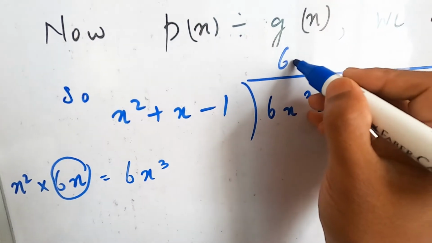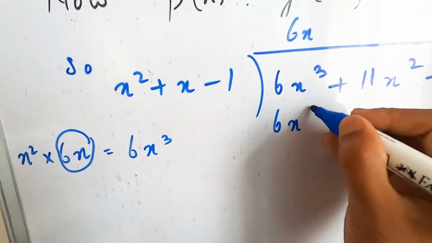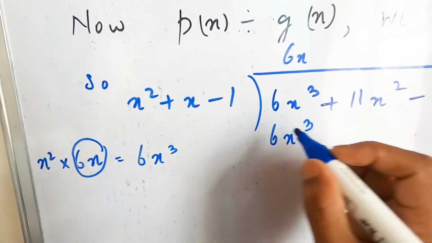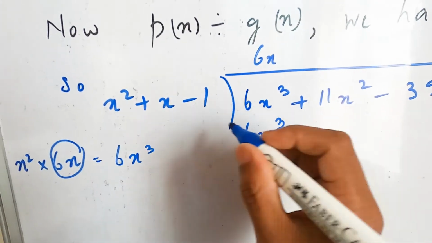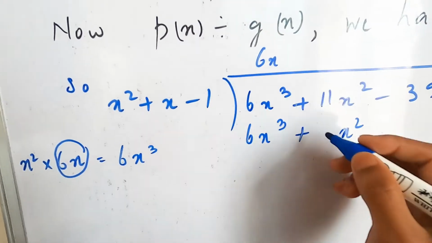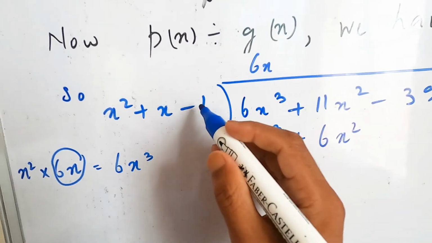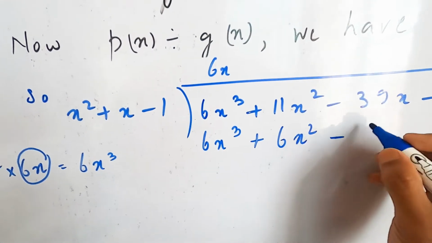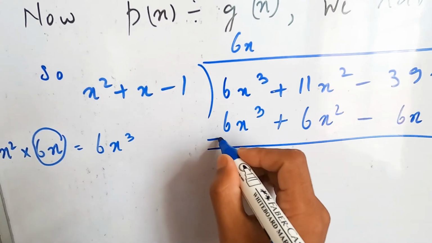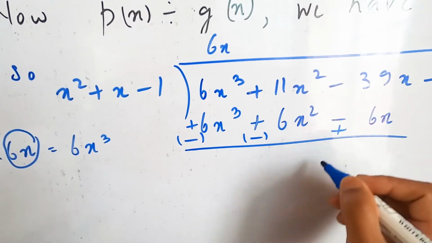Now x into 6x: plus into plus will be plus, x into x will be x square, and 1 into 6 will be 6. Then minus 1 into 6x will be minus 6x. So using sign convention, this will be minus, this will be minus, this will be plus.